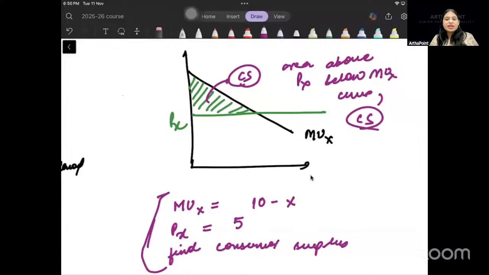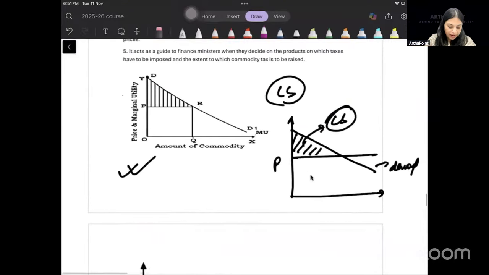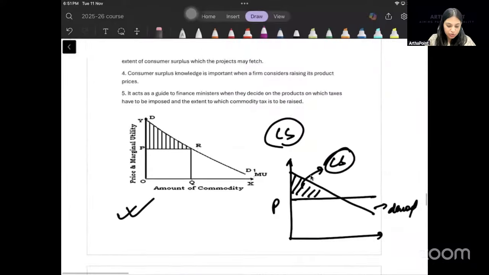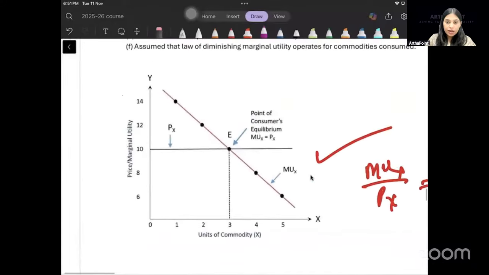Yes. So basically, when will you demand a commodity? Up to when will the commodity be demanded? As long as the utility we get from the commodity is positive, only then will we demand it. So if I go back to this marginal utility curve, we will demand the commodity.